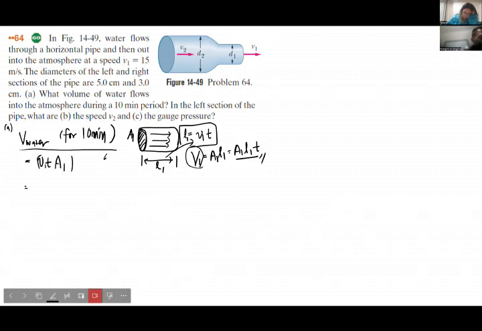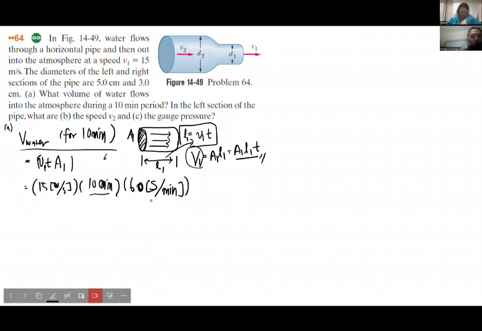So here, the V1, how much is that? 15 meter per second, right? And the 10 minutes. You just have to do a unit conversion from minutes to seconds, which is 60 seconds per minute.